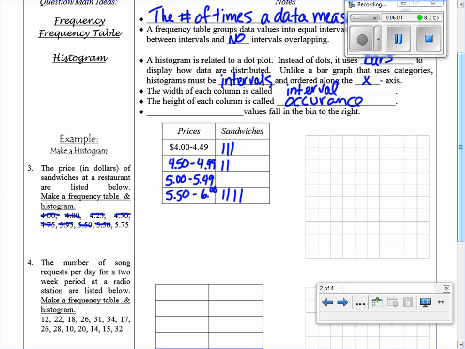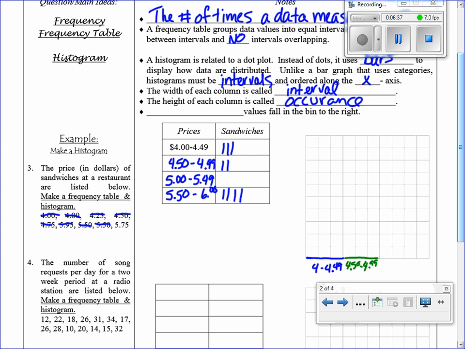Okay, so now we can go ahead. We have 4 categories. 1, 2, 3, 4, 5, 6, 7, 8, 9, 10. We'll break this up into fourths. We'll just go from here to here, would be 4 to 4.49. Here to here would be 4.50 to 4.99.